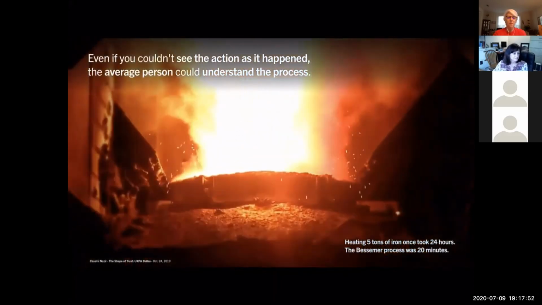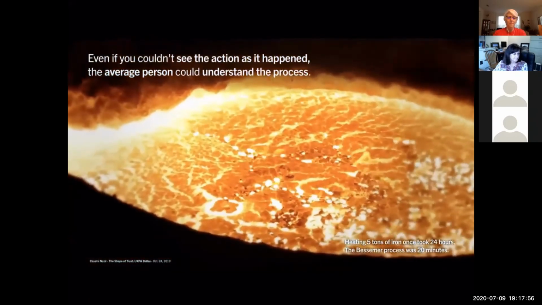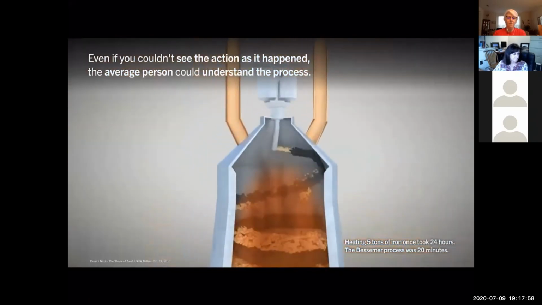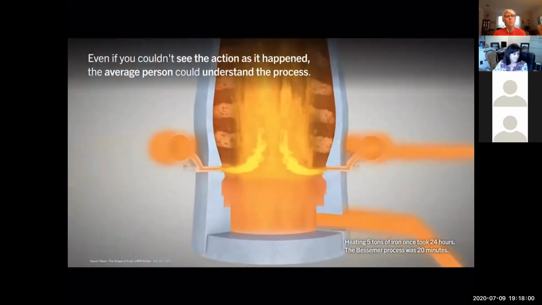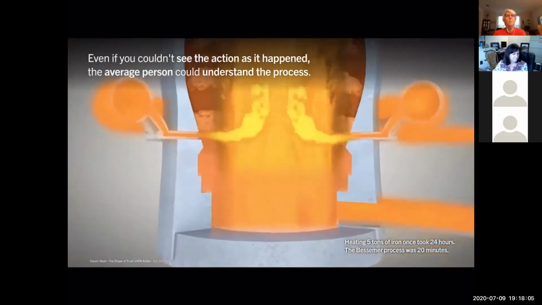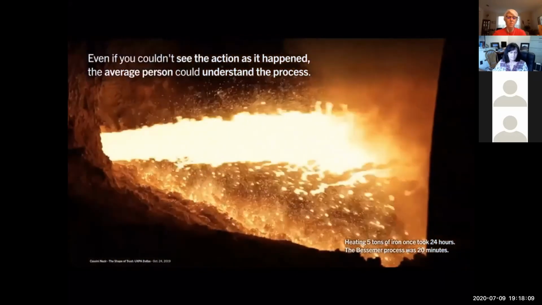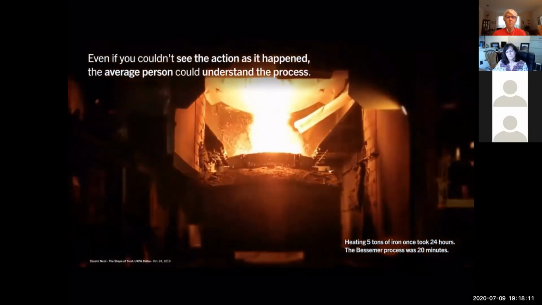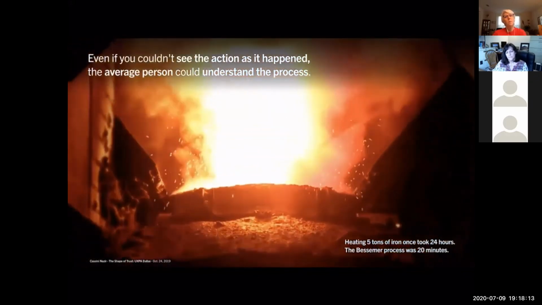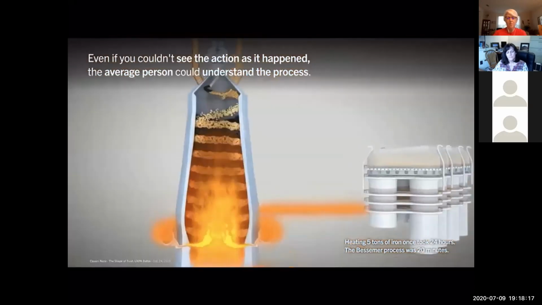You heat up the steel and you could see it being poured out into the cast or the mold. And as you can see there at the bottom right, 5 tons of iron heating took a day, a full day. Bessemer's process had huge efficiency gains where it now took 20 minutes to heat steel. Steel mills still use a modified version of the Bessemer process to this day.